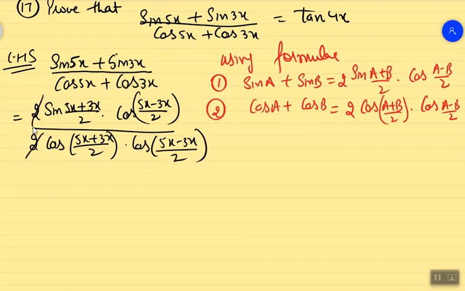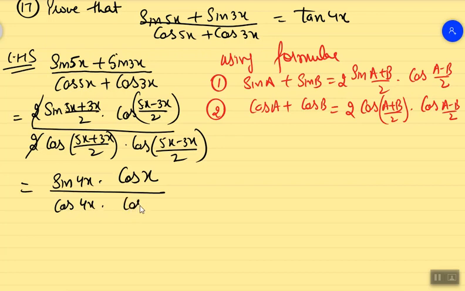The 2 cancels out. Sin of 5 plus 3 is 8, it is 4x. Cos of 5x minus 3x is 2x, and 2x divided by 2 is x. So sin 4x into cos x over cos 4x into cos x, the cos cancels out. The answer is sine over cos, which is tan 4x, equal to the right hand side. Hence proved.